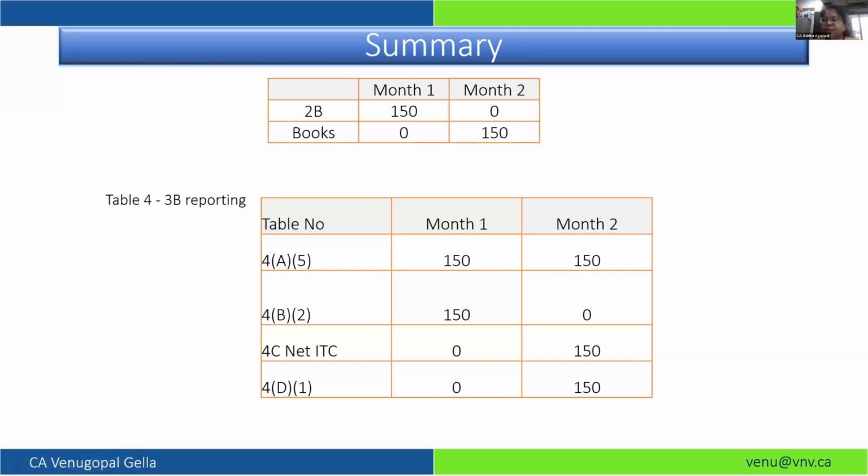But as you are going to avail in month 2, due to all the compliances being done, you will add in 4A5 that 150, and similarly also show it in 4D1. So the net ITC over here is coming to 150 because we haven't considered current month ITC, just for a clear picture of how it needs to be reported.